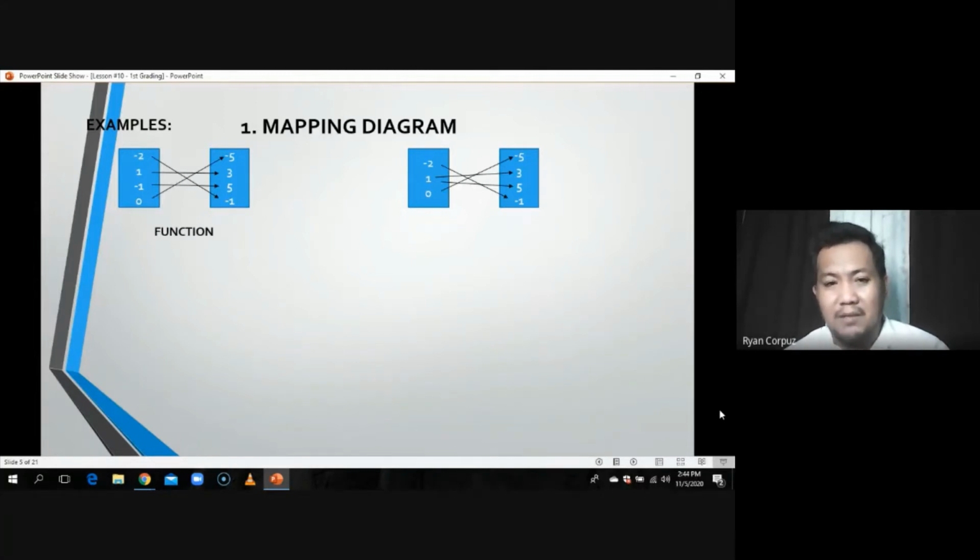One-to-many correspondence. So that's why the mapping diagram on the right is what we call not a function. That's how we identify a function from not a function using a mapping diagram.